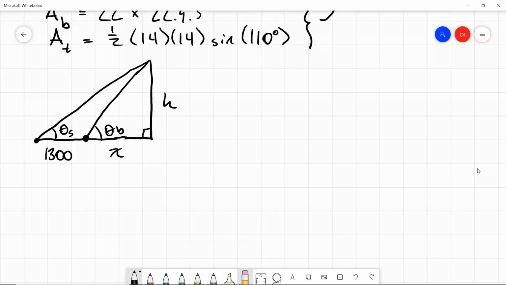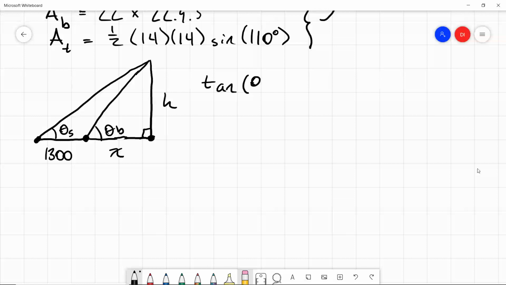So, as Jacob was saying, that is going to be the form of your final answer. However, the way you get that is worth explaining. So, when we have tangent of our smaller angle, the opposite side to this in the bigger right triangle is going to be h, whereas its adjacent side is going to be 1300 plus x, because that's its total distance from the observation point to the object, right?